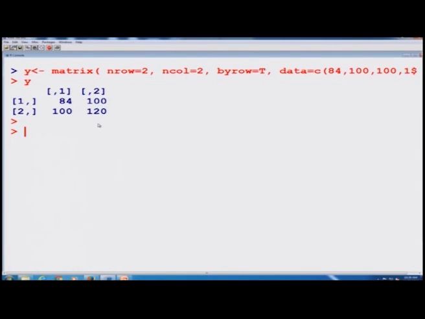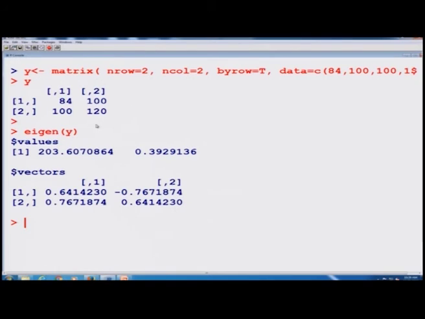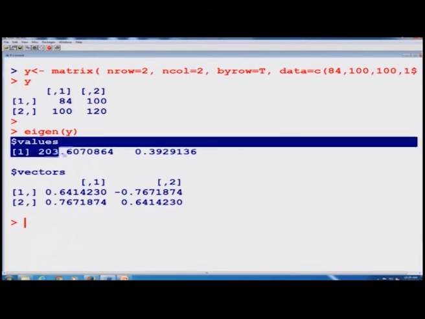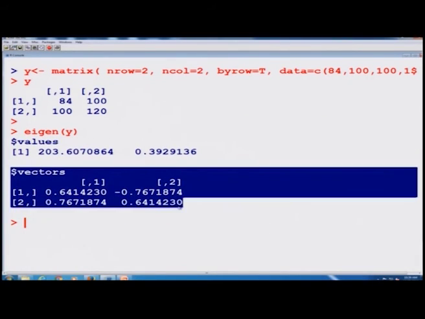Now if I want to find its eigenvalues, I simply type eigen and inside the bracket say y. You can see that these are the eigenvalues obtained, and these are the 2 eigenvectors corresponding to each of the 2 eigenvalues.